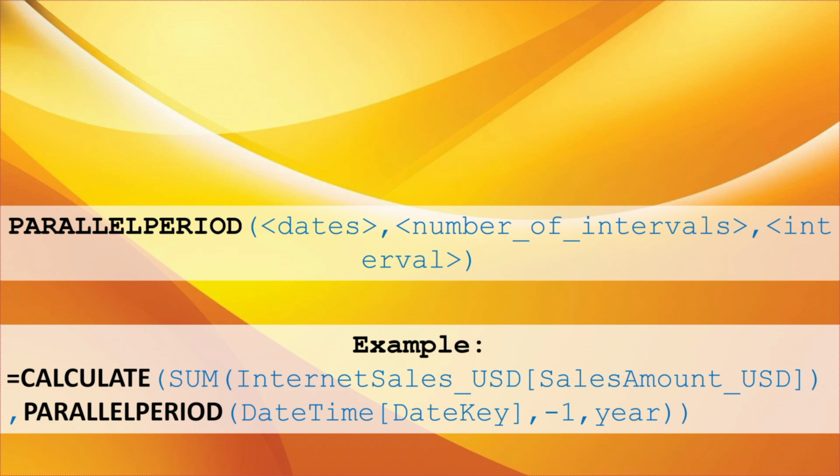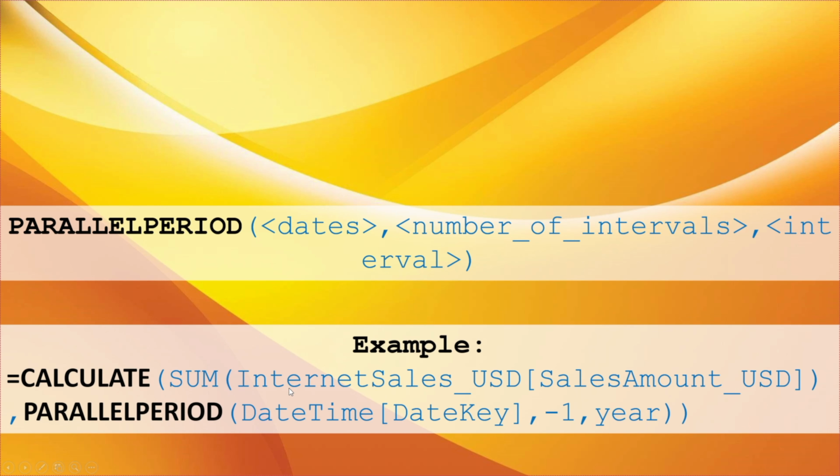Here the example says CALCULATE(SUM(internet sales USD, sales amount USD), PARALLELPERIOD(date time, date key, -1, year)). This example is a formula which creates a measure that calculates the previous year sales for internet sales, right?